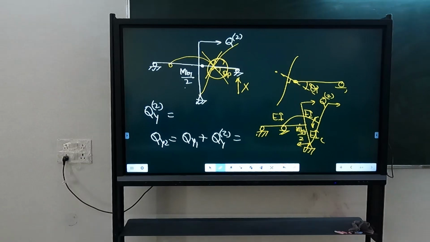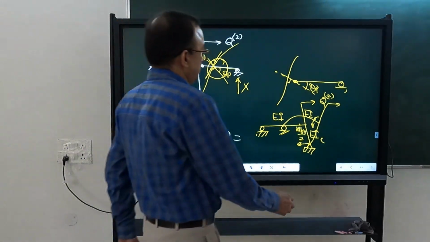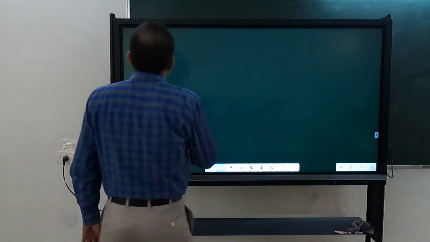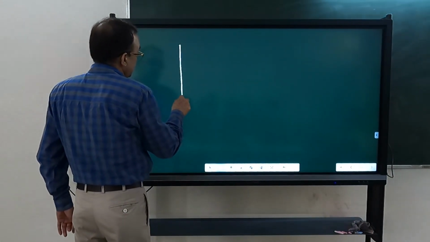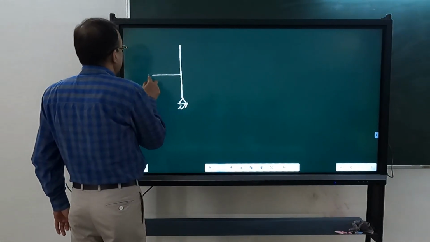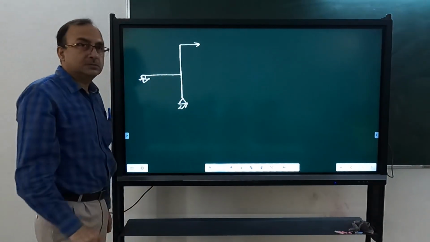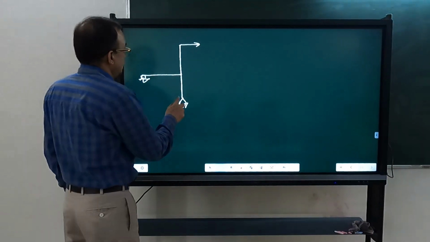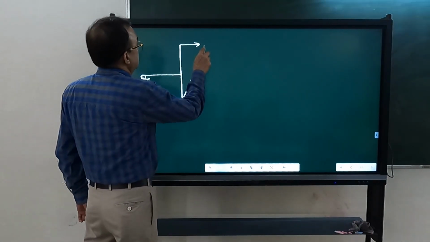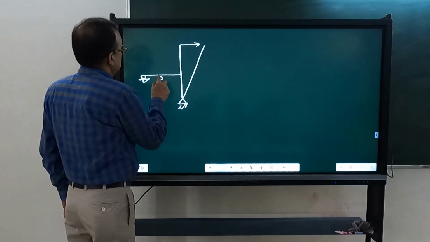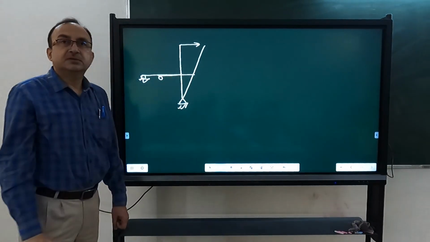This structure should move. So what Anirudh is suggesting is that it should remain like this, and it will move like this.